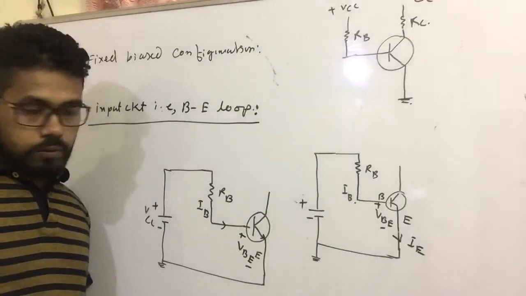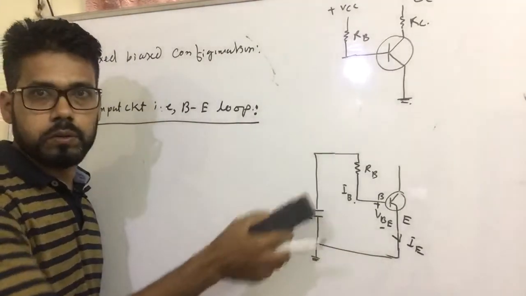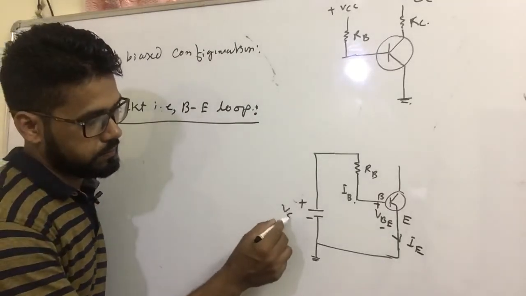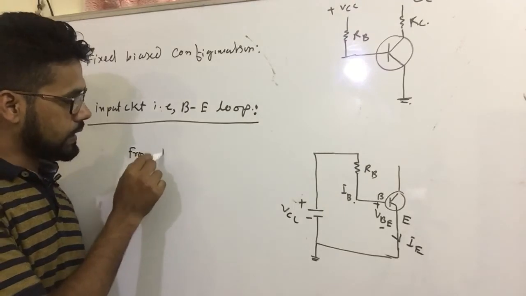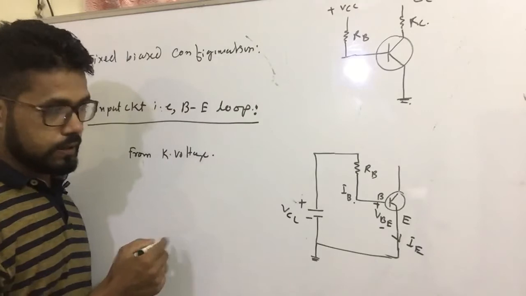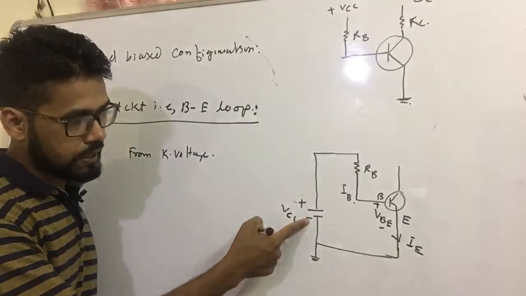Okay. Now same diagram. This diagram I am writing for better focus. This is VCC. Now from Kirchhoff's voltage law, what we can draw: there is VCC, this is minus, plus.